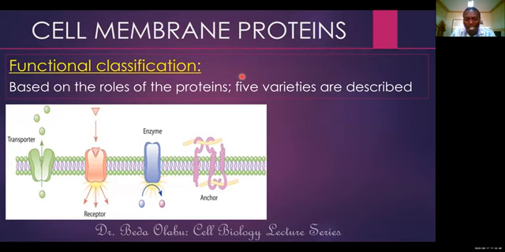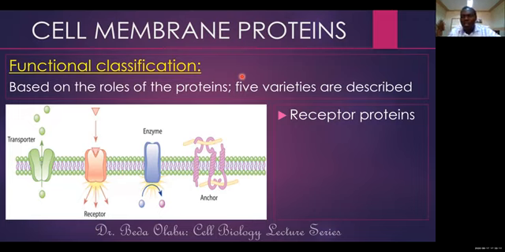This is purely based on function. Some of these proteins function as receptors. Now, what's a receptor? A receptor is a molecule where a chemical messenger binds. So it contains the binding site of a chemical messenger.